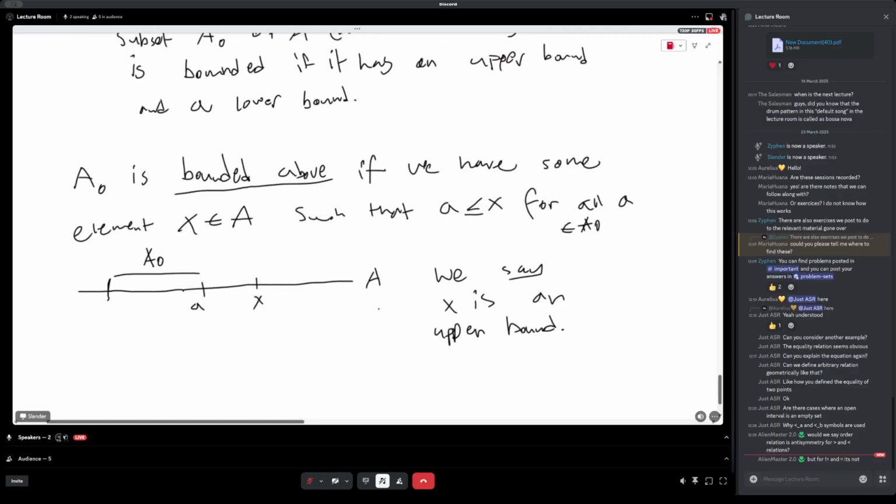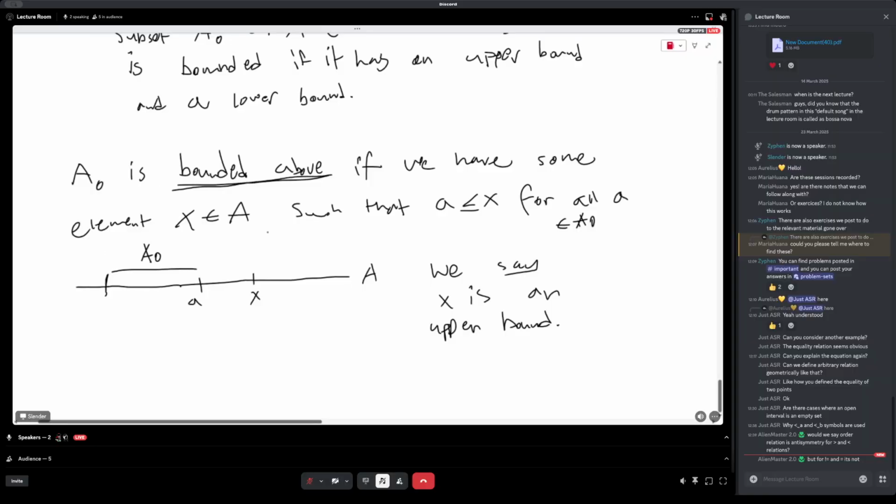So we say x is an upper bound, and this set is bounded above. So whenever there is an upper bound, the set is bounded above.